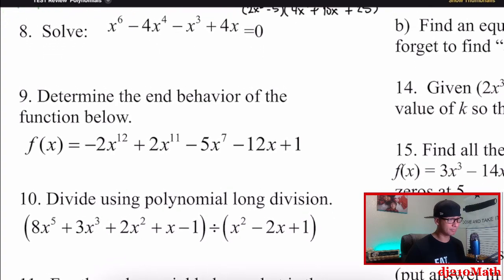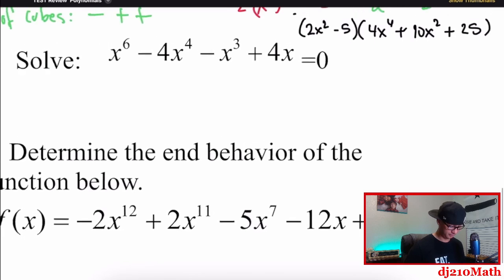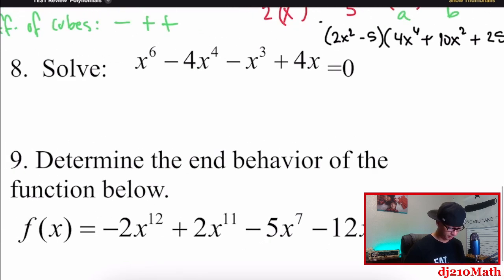Okay, number 8. Solve. The way we solve this is by factoring it, or at least attempting to factor. So we split it down the middle. GCF is going to be, take out an x to the 4th. What's left behind?